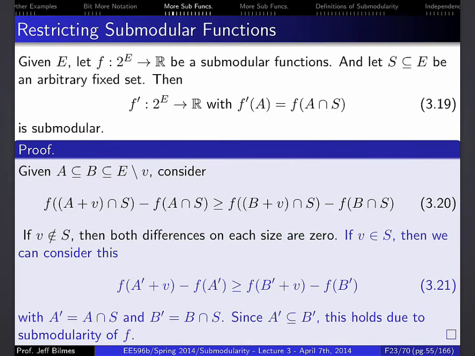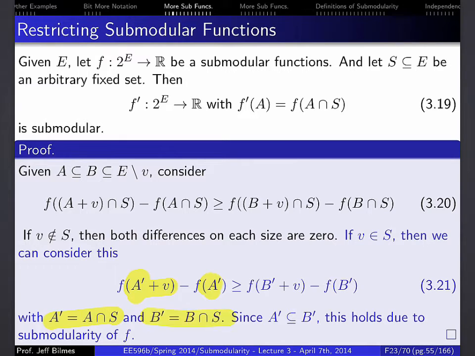On the other hand, if it's the case that V is a member of S, then we can consider this problem, where we write the valuation as f of A prime plus V minus f of A prime, where A prime is equal to A intersect S. So we essentially take the stuff in A in S, and since intersecting by S doesn't do anything to V, it basically leaves it there, we can just add it after we've done the intersection through set theoretic arguments.